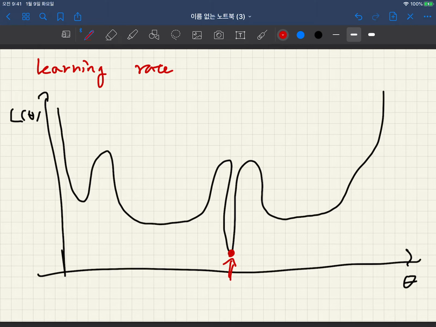But the most important thing is not training error, but test error. We have to find some nice point that can make a very small test error.